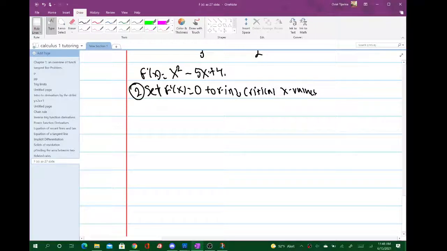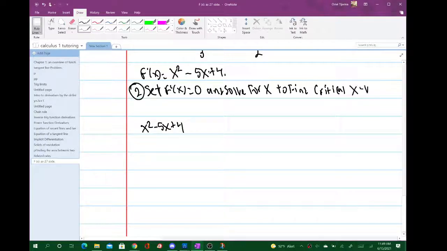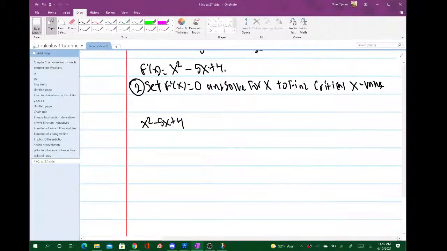So x squared minus 5x plus 4 is going to be equal to 0.